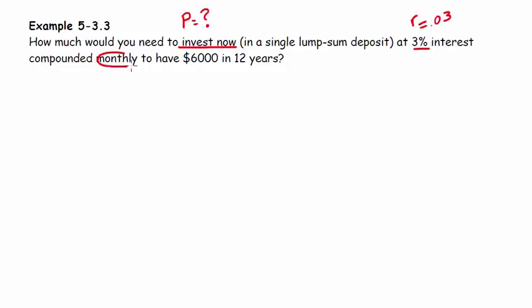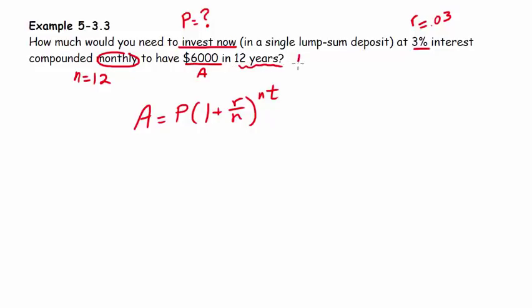If this is monthly, we know we're using our formula for discretely compounded interest, and more importantly, N is 12. To have $6,000, so this is not what we're putting down, this is what we want to end with. This is A, after 12 years.